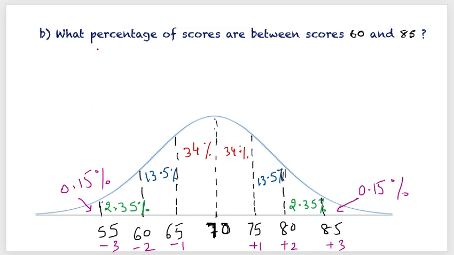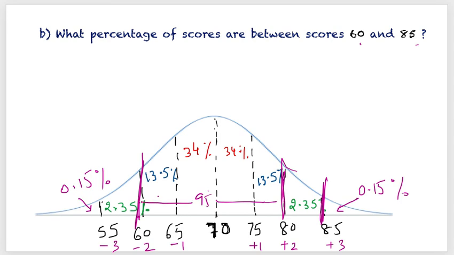Let's see, there are certain questions we are going to implement it on. The first question is demanding what percentage of the scores are between 60 and 85. So it means from 60 here to 85 till this. We know that from 60 to 80, this is 2 standard deviations and the area is 95.